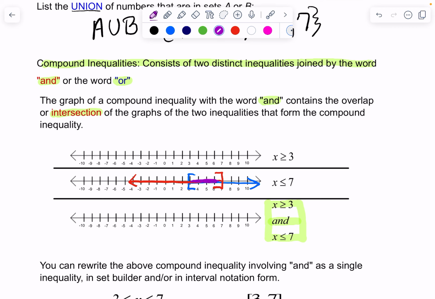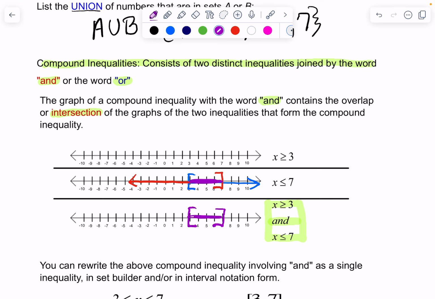Both the red and the blue overlap here. So the intersection of that would be between 3 and 7, because that's where the graphs overlap. That's where they have an intersection.